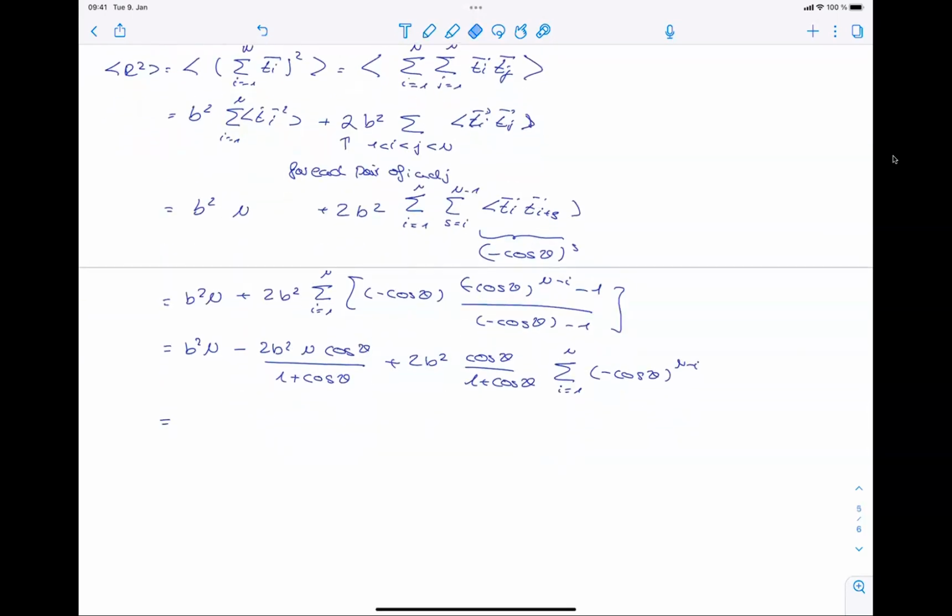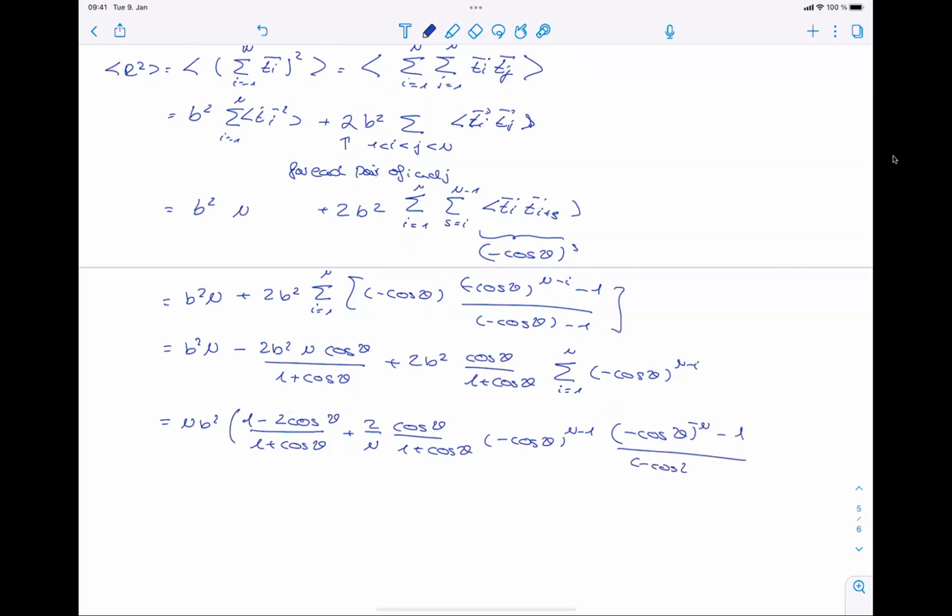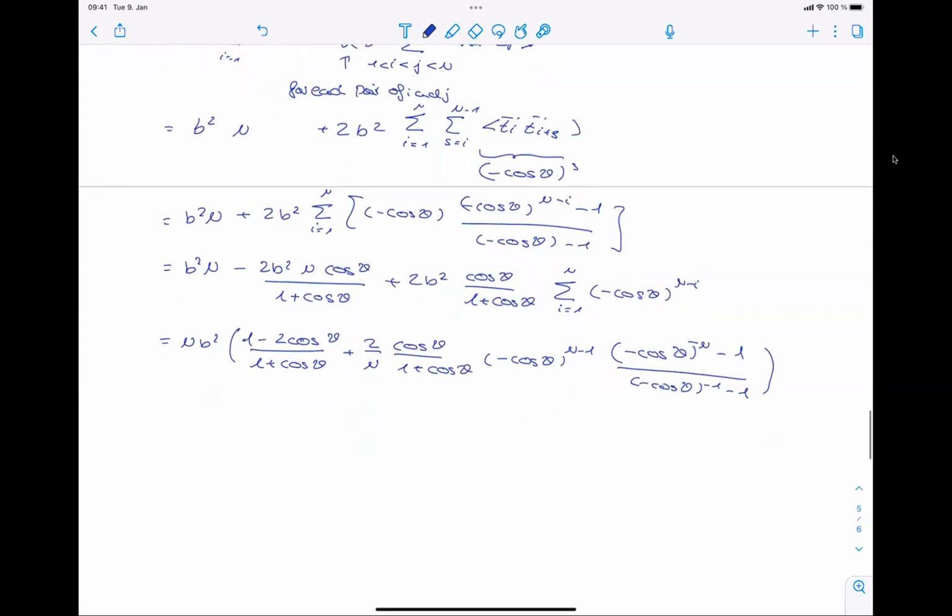And then actually, let me reformulate this as nb squared that I pull out, 1 minus, and reorganizing one more time.